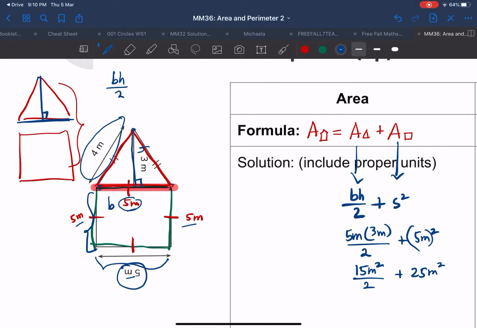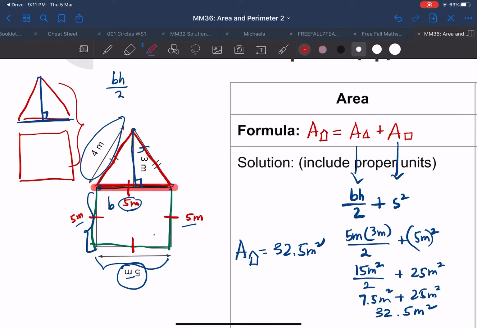Now 15 divided by 2 is 7.5, plus 25, equals 32.5 meters squared, which is the area of this shape. So the area of the compound shape is equal to 32.5 meters squared, okay?